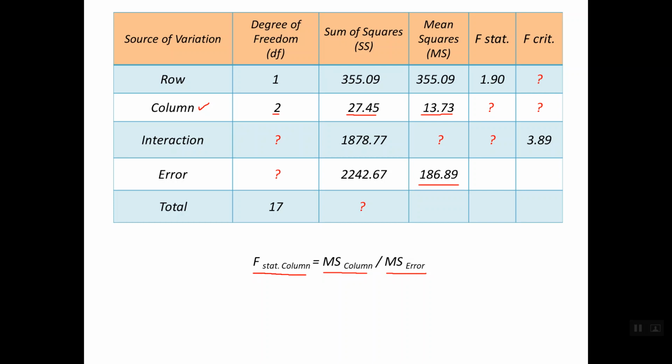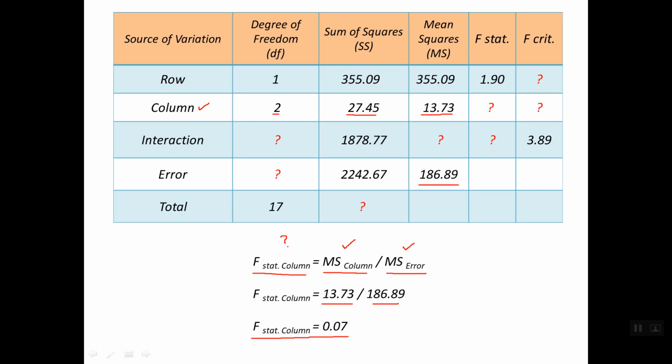The value of the F statistic for the second factor is missing, while both the mean square and the mean square of the error are already known. So we simply can substitute. This is the MS for the second factor, and this is the MS for the error. So the value of the statistic F is 0.07.